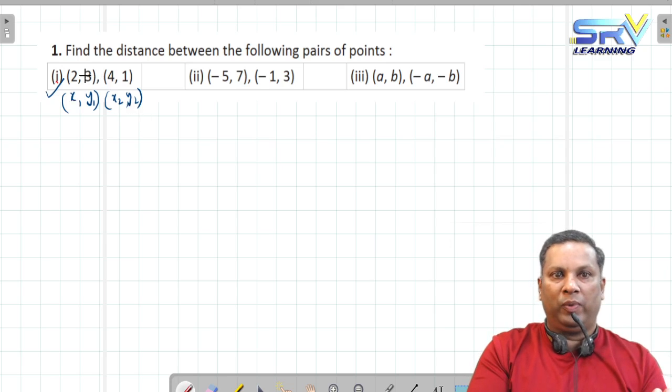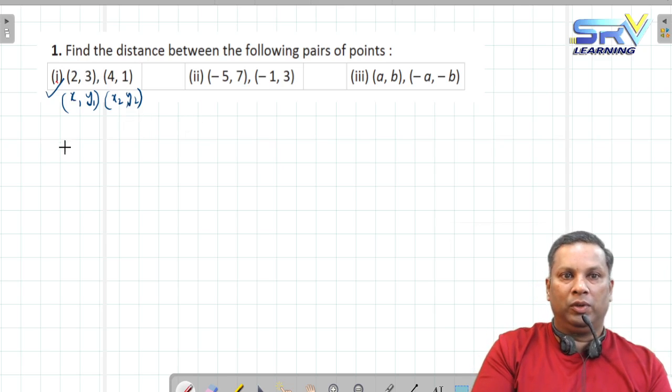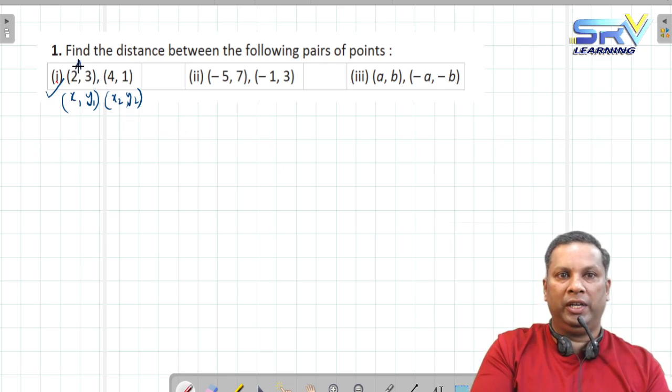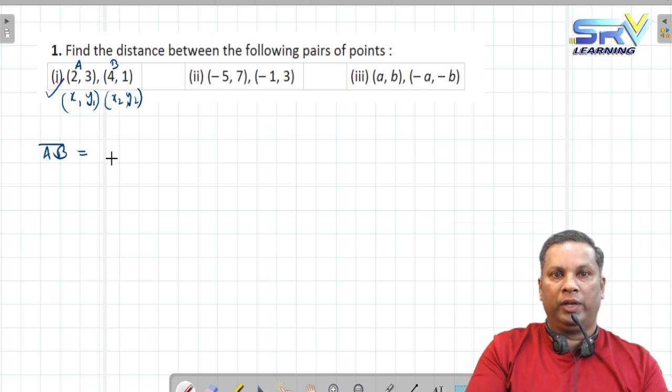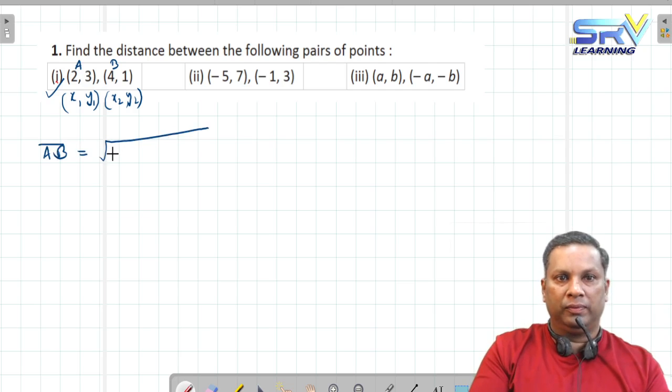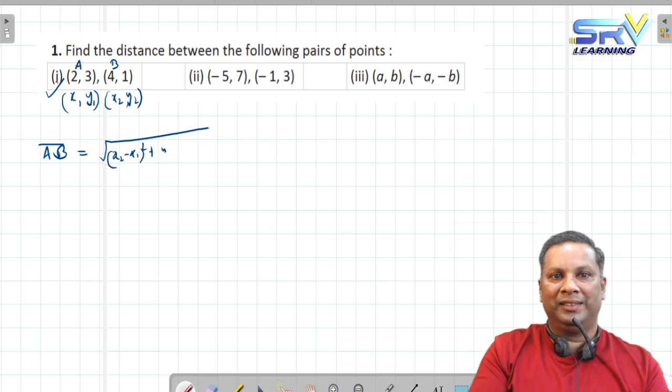Very simple, you have to find the distance between this point. So suppose this is point A and this is point B, then distance between point AB is represented by AB with a bar on top, and then root of x2 minus x1 whole square plus y2 minus y1 whole square.